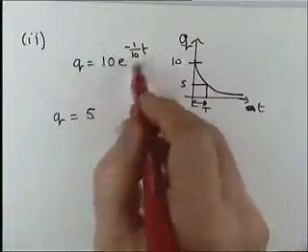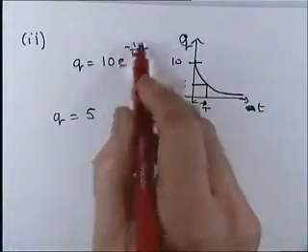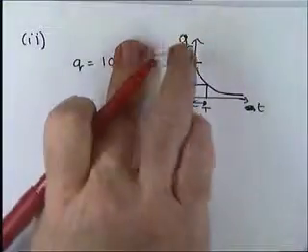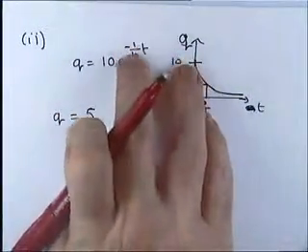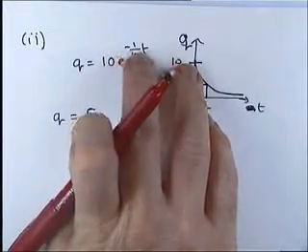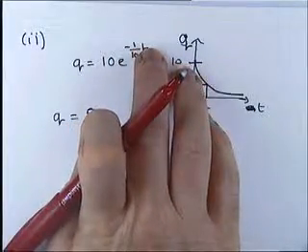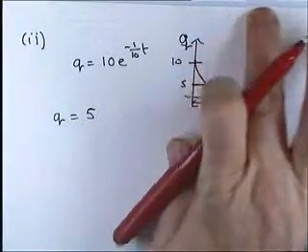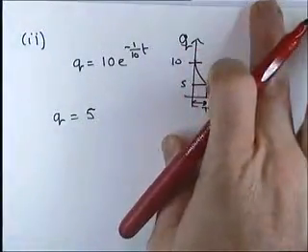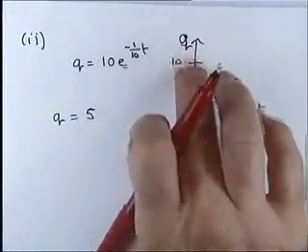So if you substitute 0 into here, you get e to the 0, which is 1, so you're left with 10. So that's the starting point. And it's decaying because it's a negative coefficient with respect to time. If that was a positive, then it would start at 10 and exponentially increase rather than decay.